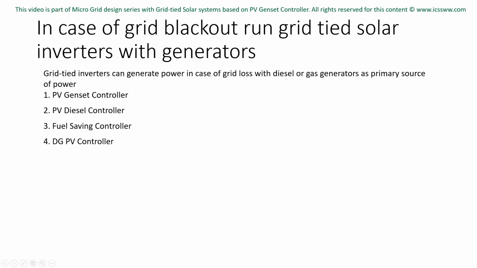This mode of operation is also referred to as PV microgrid or solar genset hybrid. For this topology to work smoothly and safely, a dedicated controller is required, which is known by various names. It is called PV Genset controller or PV diesel controller or fuel saving controller or DGPV controller.